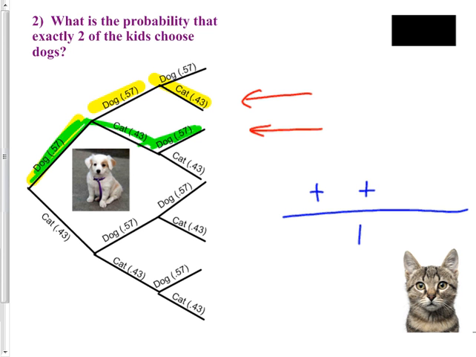So it's technically just dividing by 1 this time. They just said the probability that 2 kids chose dogs. I never said, given that 2 kids chose dogs, now here's a question about that. All I said was, what's the probability of 2 kids picking dogs? Exactly 2. And that kind of implies that 1 kid picked a cat, right? If 2 picked a dog, one of them must have picked a cat.